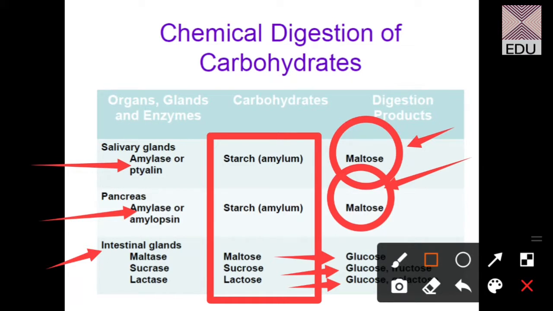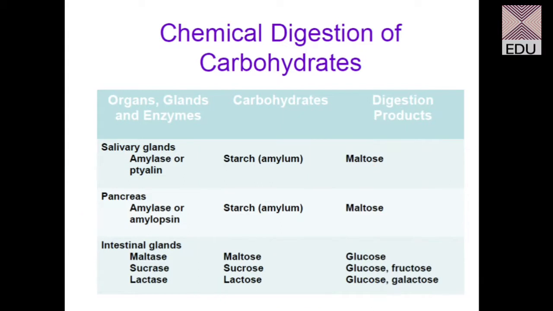These are all converted into glucose at the very last. The sucrase also gives us fructose, and the lactase enzyme acts on lactose to give us galactose along with glucose.